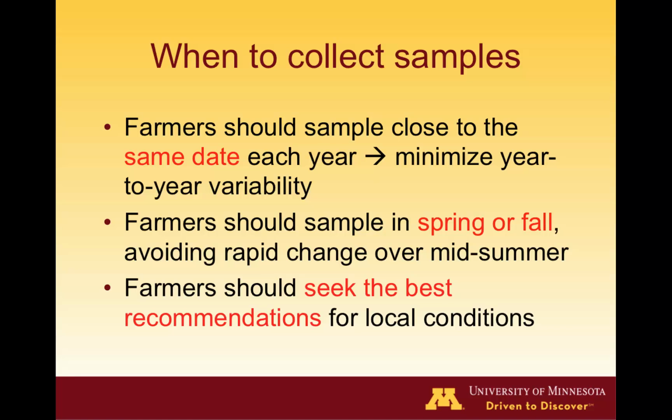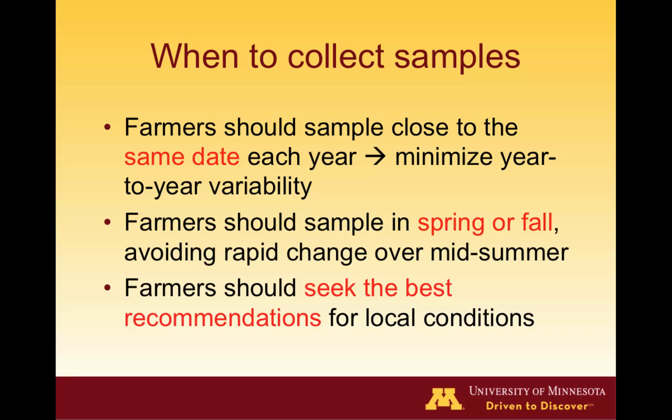Farmers should sample in spring or fall, so as to avoid rapid change over midsummer. I think this is quite understandable, because during midsummer the crops are growing very fast, changing status from week to week, and there is also rain and a lot of farm management happening.